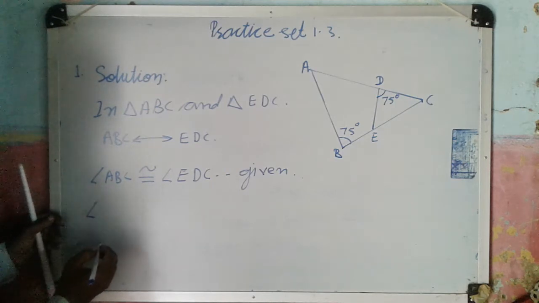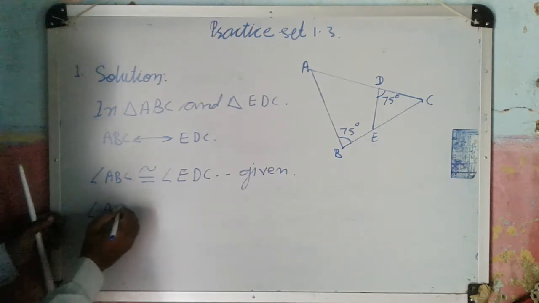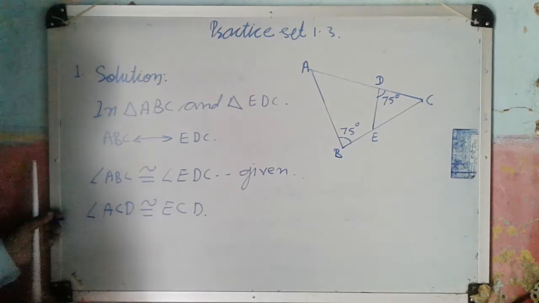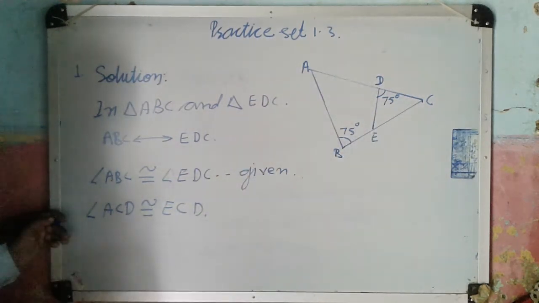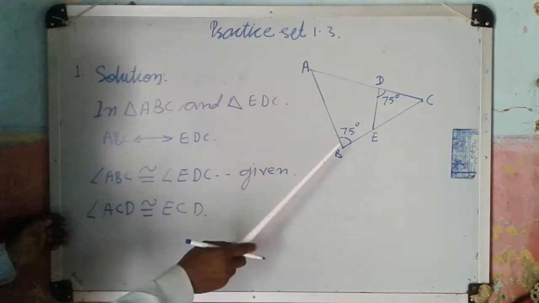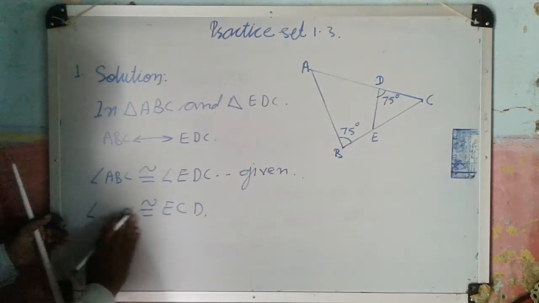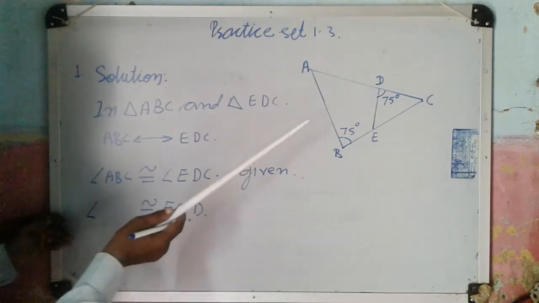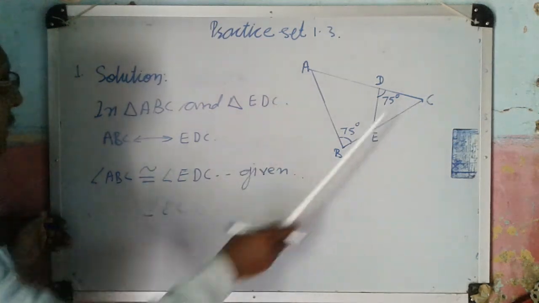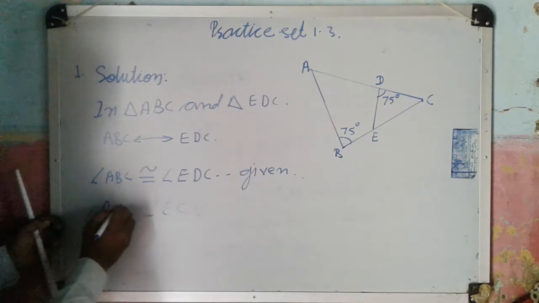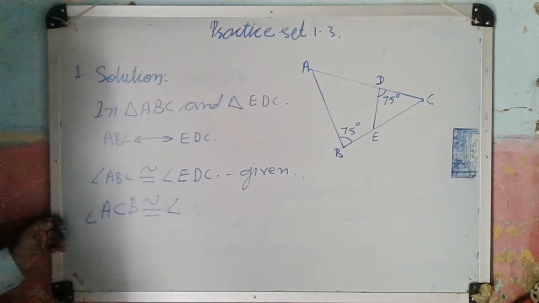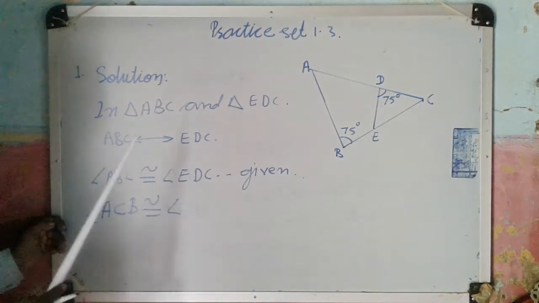Another common angle is there. Here angle ACB, in triangle ABC, and in the other triangle the corresponding angle is angle ECD.